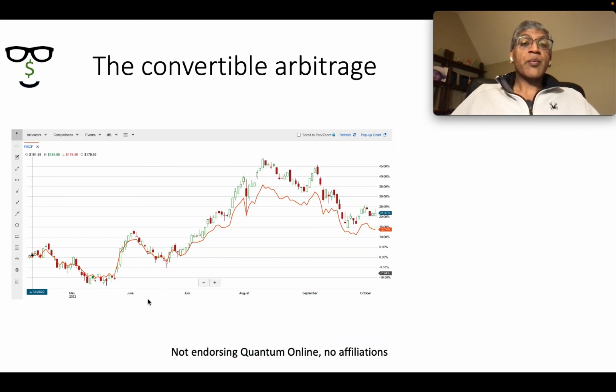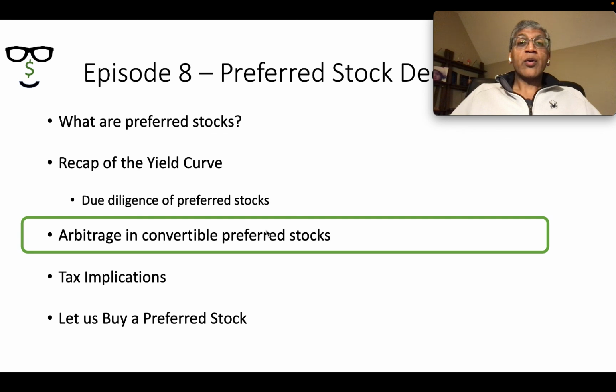And surprise, surprise, there is a divergence between RBC and RBCP, even though their conversion ratio is the same in that period. That's a very important thing for you to know. That's what creates the arbitrage. So in the next part, we're going to set up to talk about the convertible arbitrage.